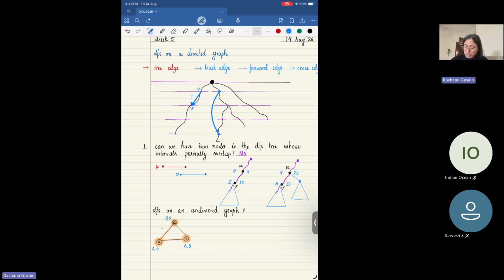So can someone quickly tell me, this third edge, what is the type of this edge? Back edge? Sarvesh, is it a back edge or a forward edge?